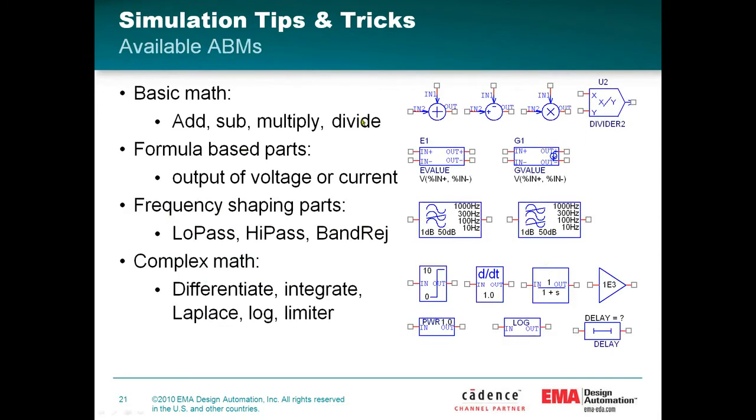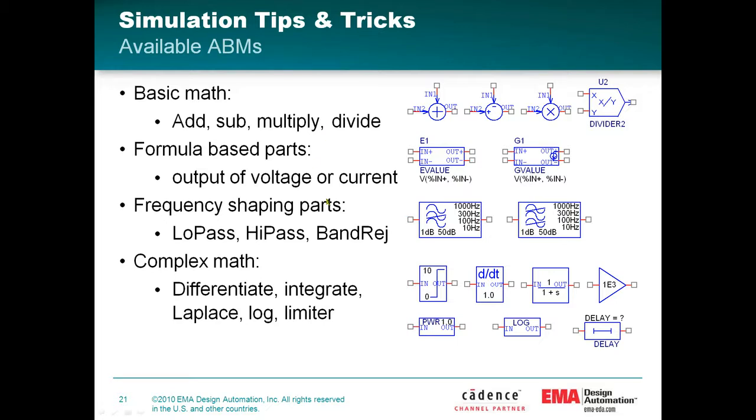For instance, basic math, where you can just put together adders, subtractors. These are handy for when you need certain functionality of a design to stimulate the design you're working on, for instance. And you need this kind of stimulus to test and simulate your circuit. It allows you to get these types of stimulus into the circuitry quickly to where you can then work on whatever downstream effects that your circuit's going to have on these types of functions.